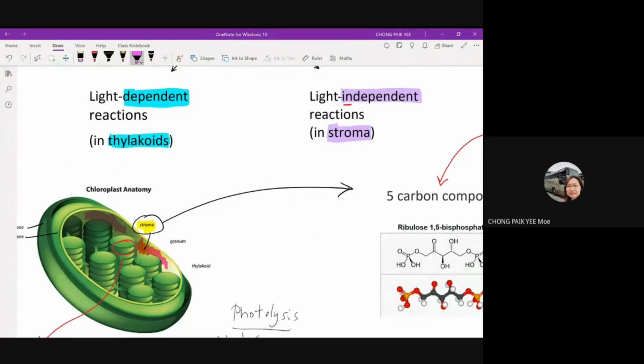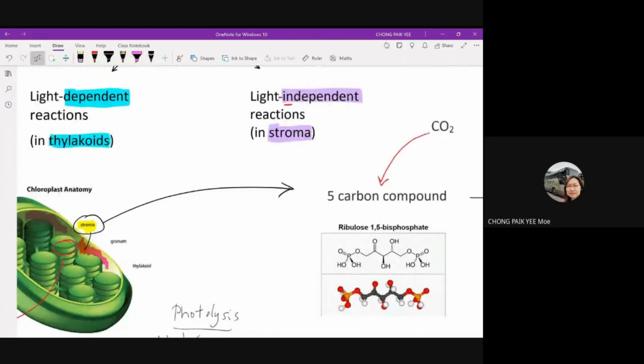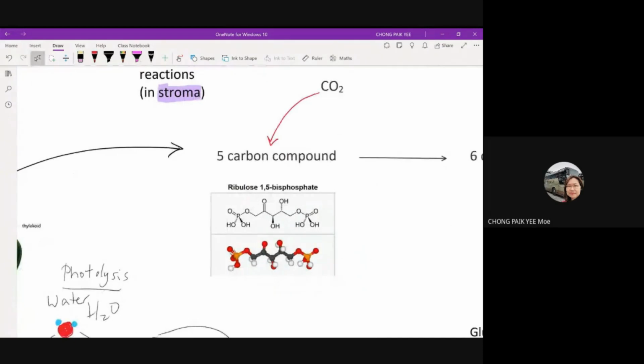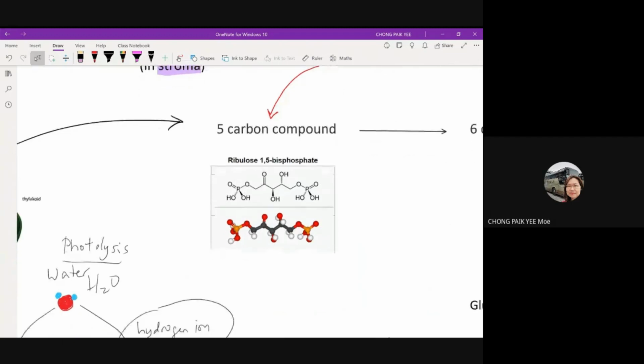Now, inside this liquid component in the stroma, there is already a compound called a 5-carbon compound. 5-carbon compound means it has 5 carbons. You don't need this molecule in your SPM, but I want to show you what it looks like so you get a better understanding. You need to visualize that it is a compound here, and there are 5 carbons already inside. Where is the carbon?